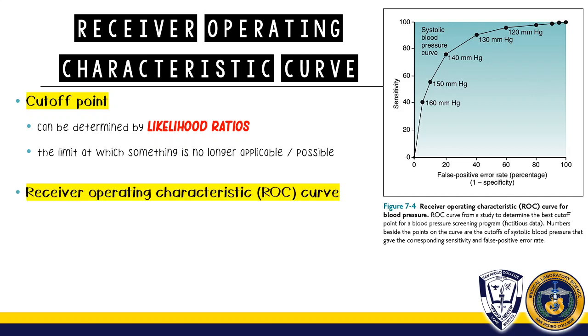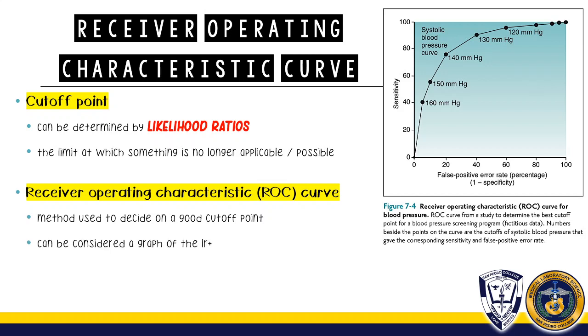So, unsa day karon? Unsa ang naa kay receiver operating characteristic curve in relation to cut-off? A receiver operating characteristic or your ROC curve is the method used to decide on a good cut-off point. So, mao na ni siya. Isa na ni siya sa maka-explain sa kung saan na to pag-set og cut-off point sa atong mga test. Now, ROC curve can be considered a graph of your LR positive.